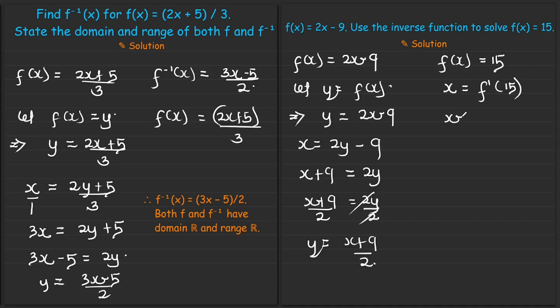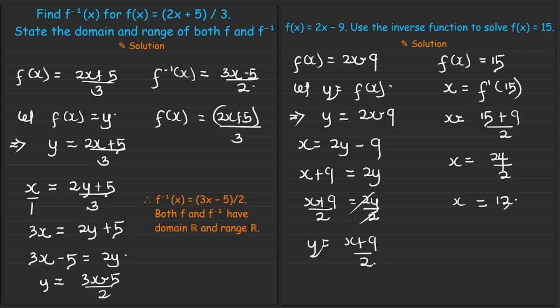So our x is equal to f inverse, that is f inverse when we put 15 inside, is going to be 15 plus 9 all over 2. You see, we have our x, which is equal to 15 plus 9 gives us 24. We have 24 all over what? 2.